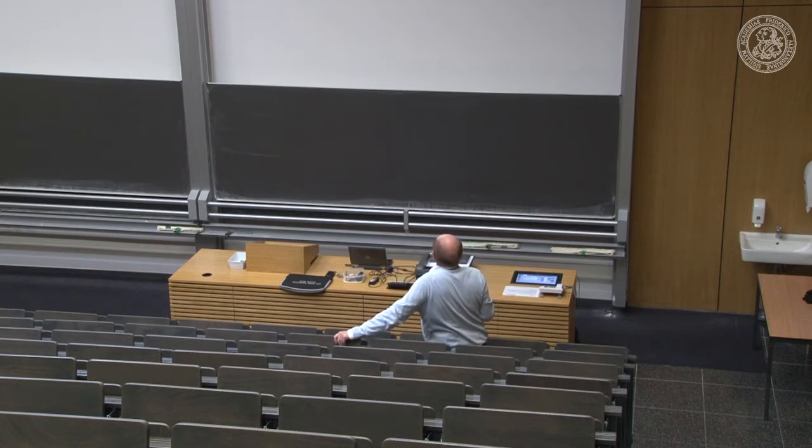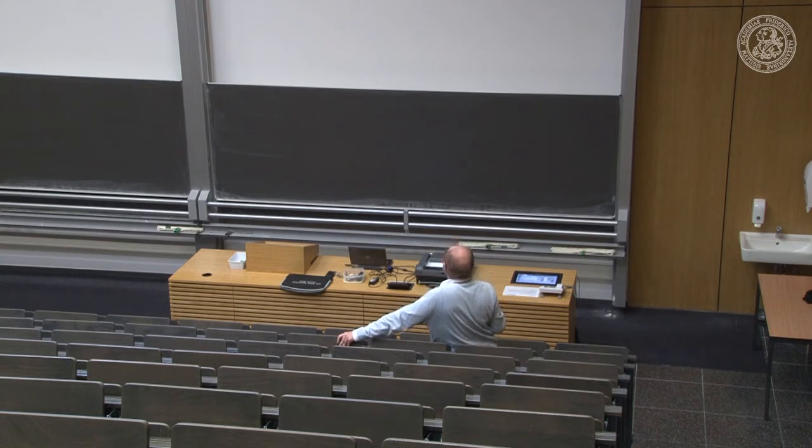Now let's have a look at the bilinear form. Is it continuous? The answer is yes. We have to estimate what you see on the left-hand side. So we take the modulus and bring the modulus inside.